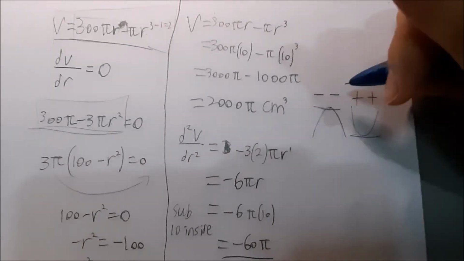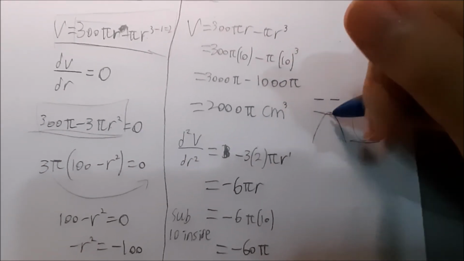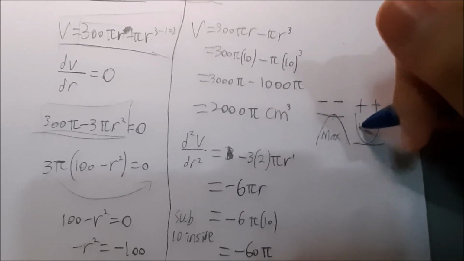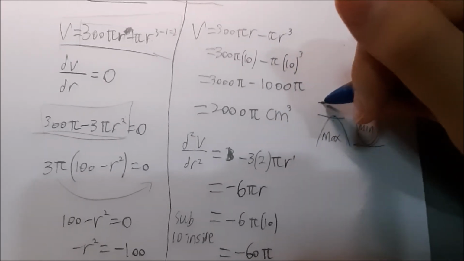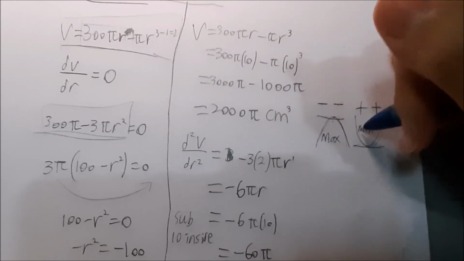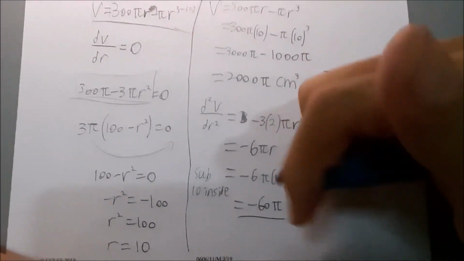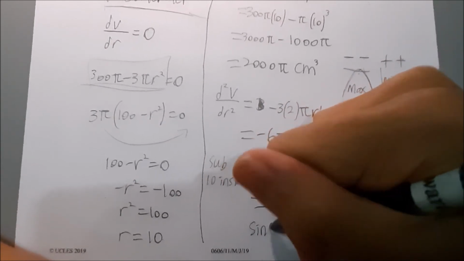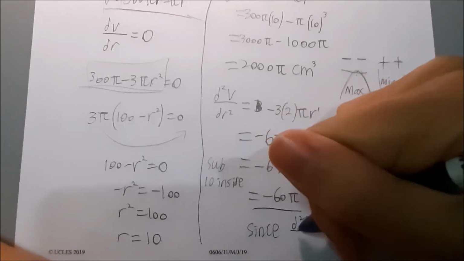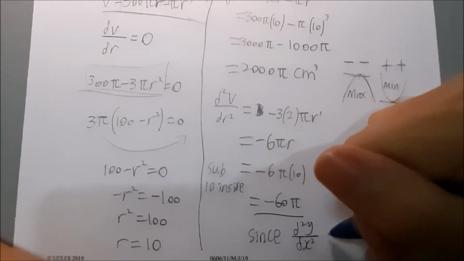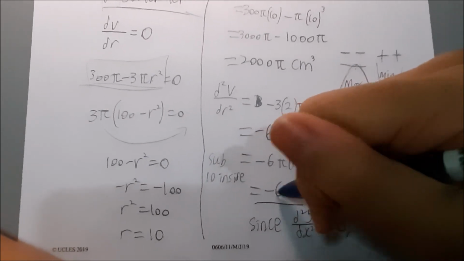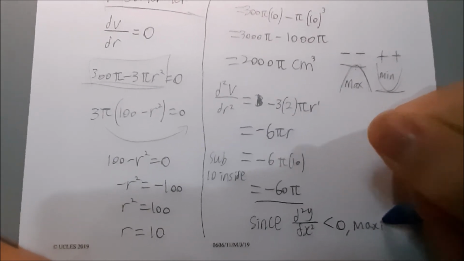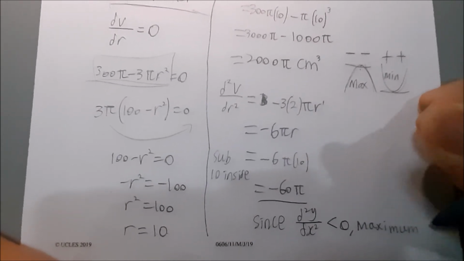You can remember this by saying a sad smile has a maximum point and a happy face has a minimum point. Or you can say that a negative has a max and a positive has a min. So since d squared V over dr squared is less than 0, as it is negative 60 pi, it is a maximum point.